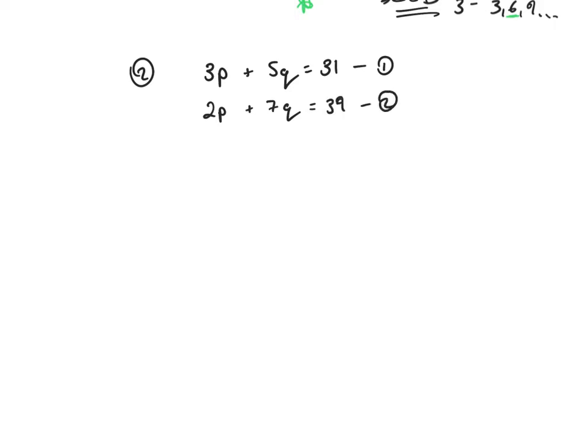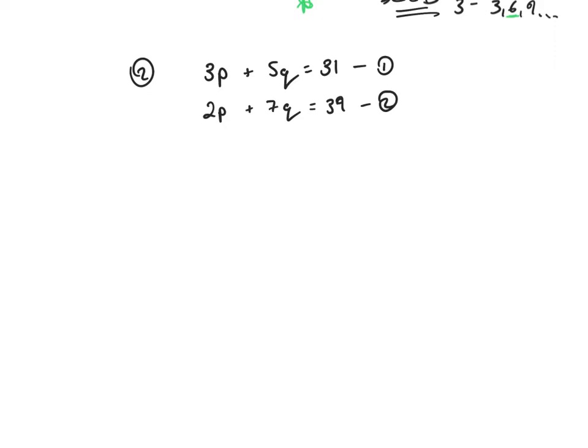Okay, let's try another one of these trickier ones. Let's go for 3p plus 5q is equal to 31. Call that equation 1. And 2p plus 7q equals 39, call that equation 2.